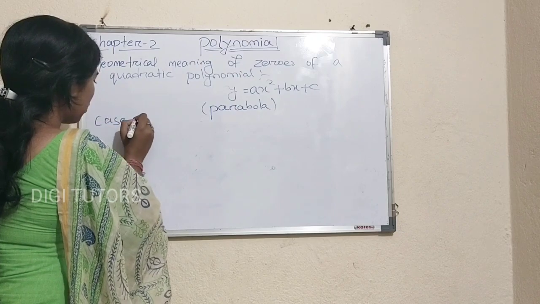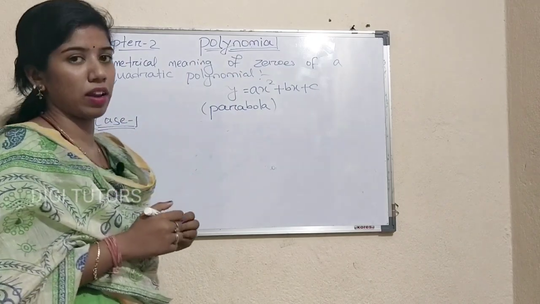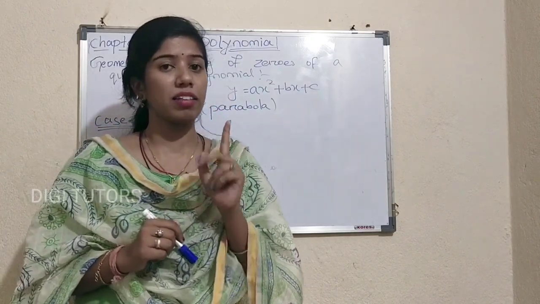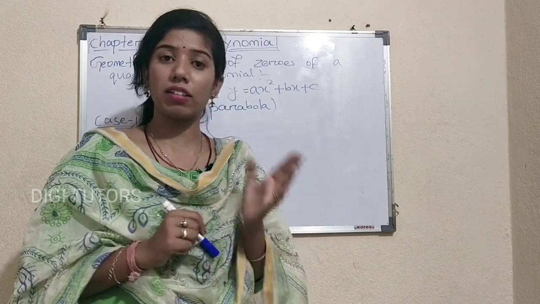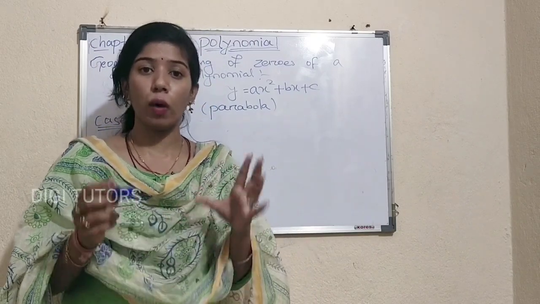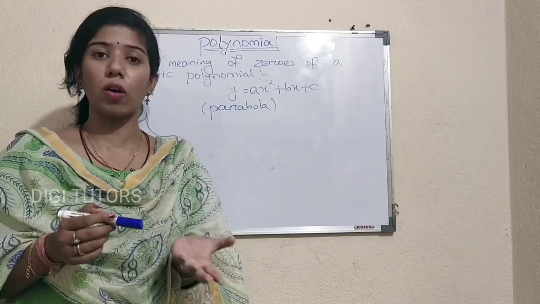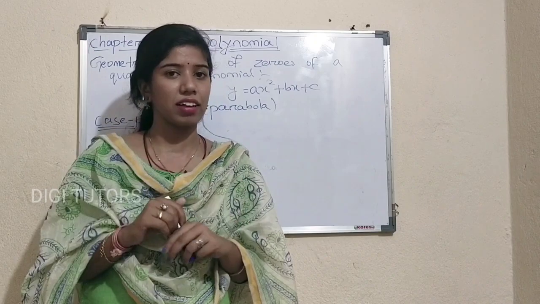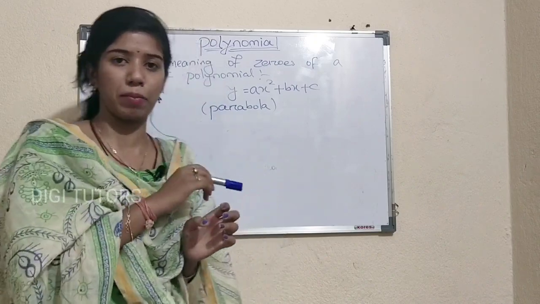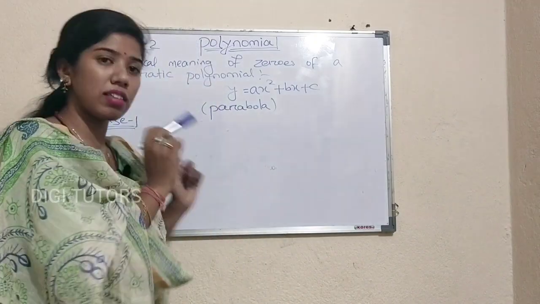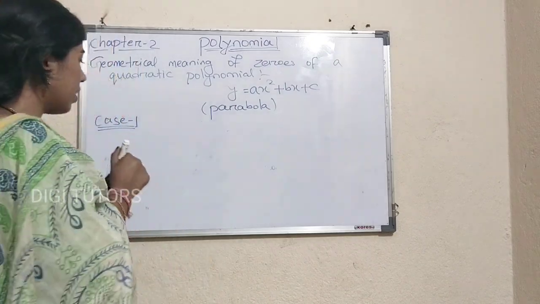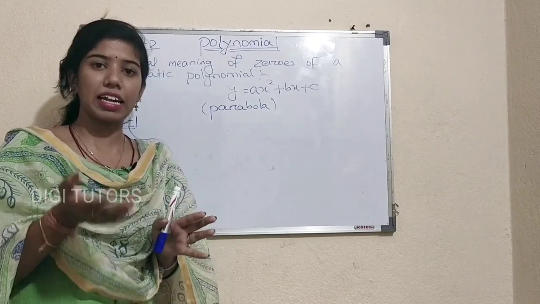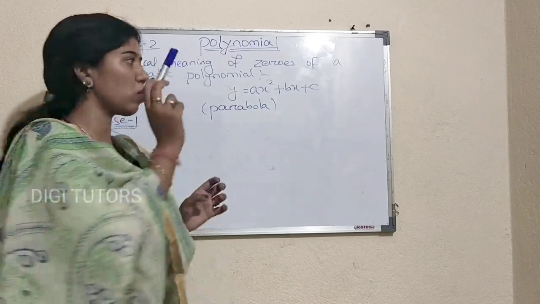When we represent a linear polynomial, one thing is important: the point where the graph intersects the x-axis is the zero of that linear polynomial. Here it is the same in a quadratic polynomial. If the points intersect the x-axis, those are the zeros of this quadratic polynomial.